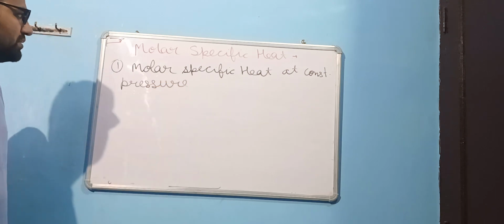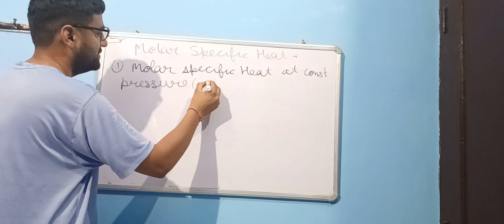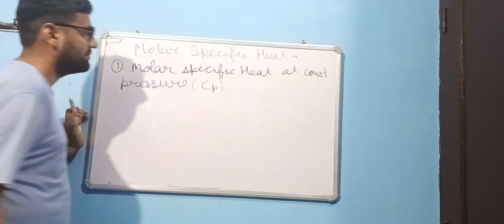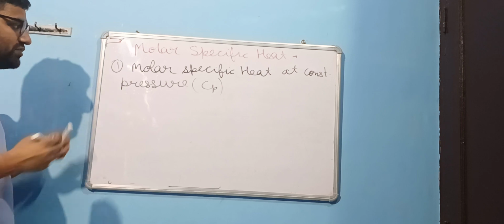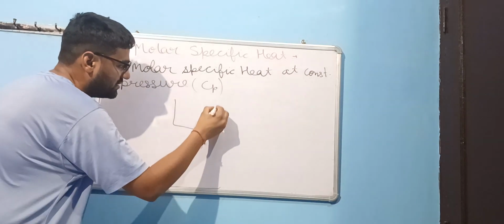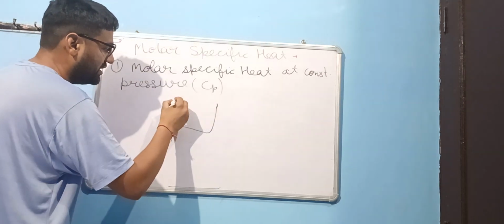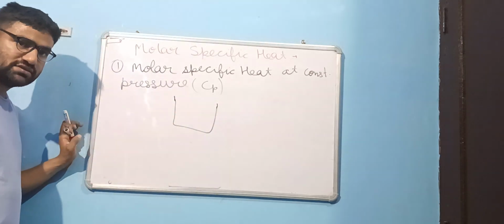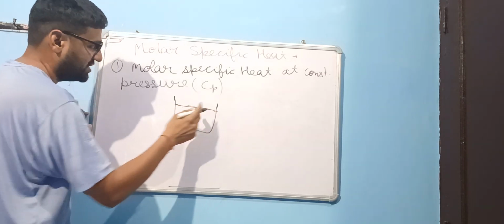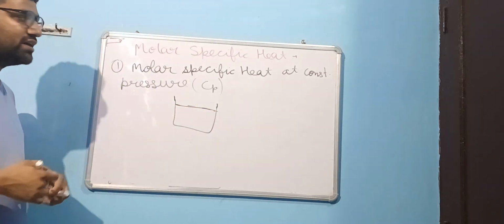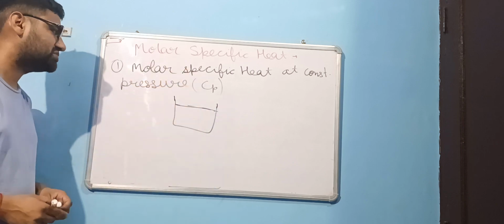Molar specific heat at constant pressure means we are keeping the pressure of the gas constant, and then we are taking or giving any amount of heat to the gas.